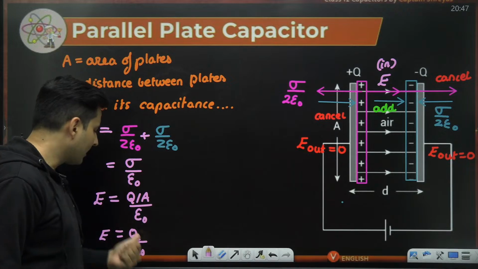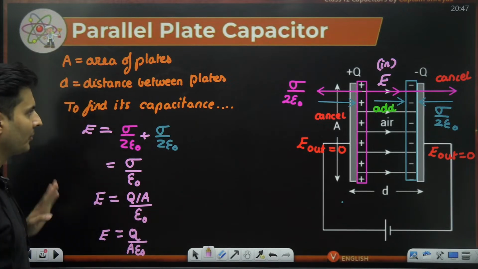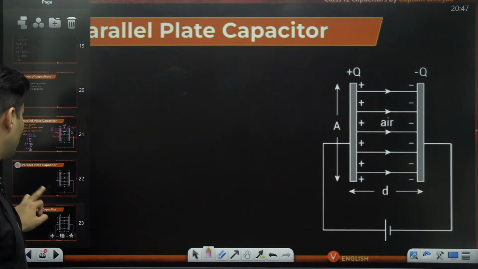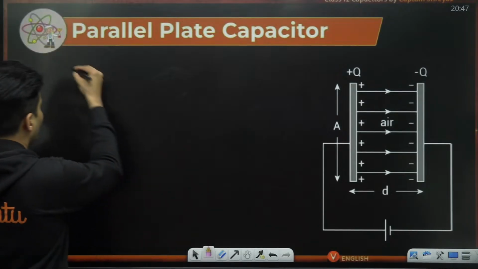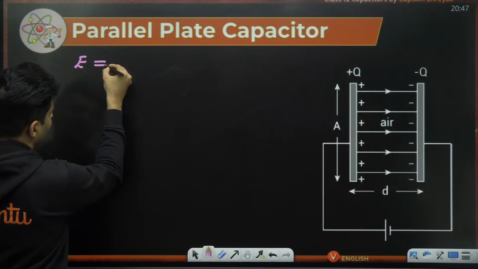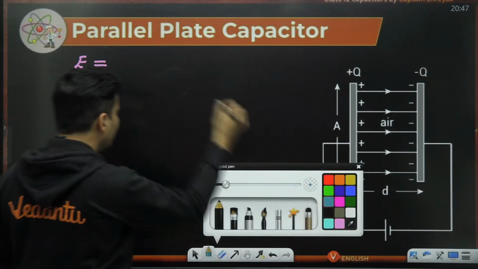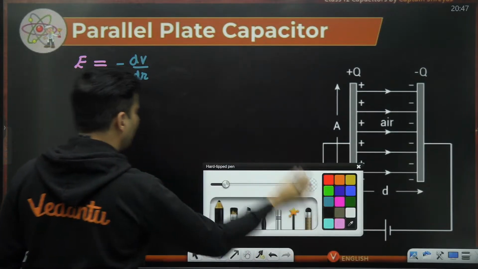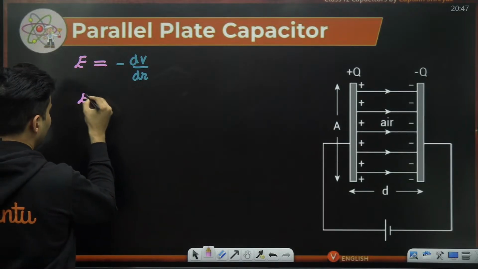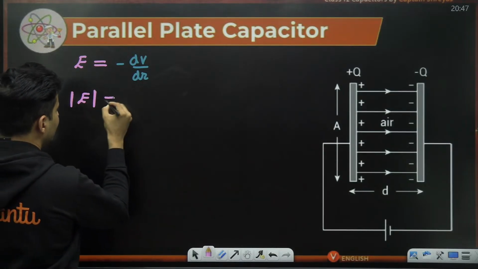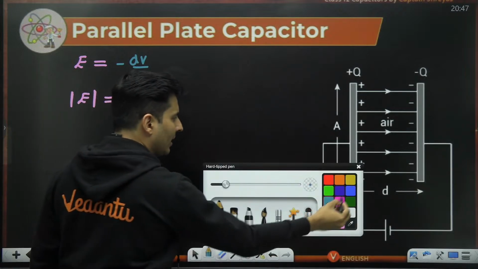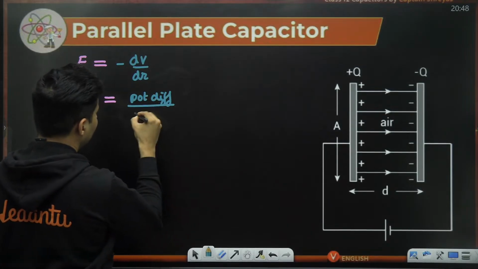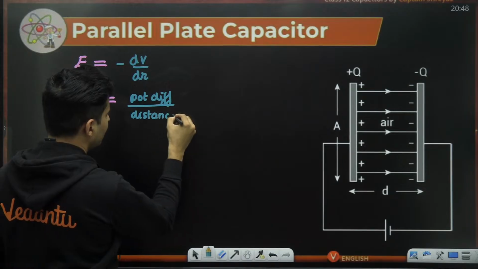So I just said that the net electric field is Q by A epsilon naught. Now, how do I use this electric field in our derivation? See guys, the electric field is also given by the formula negative dV by dr. But if I'm only interested in the magnitude and I know that this electric field is constant, I can also say it is nothing but the total potential difference upon the distance.